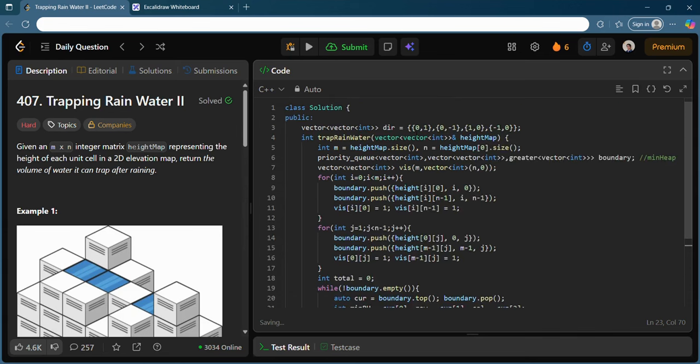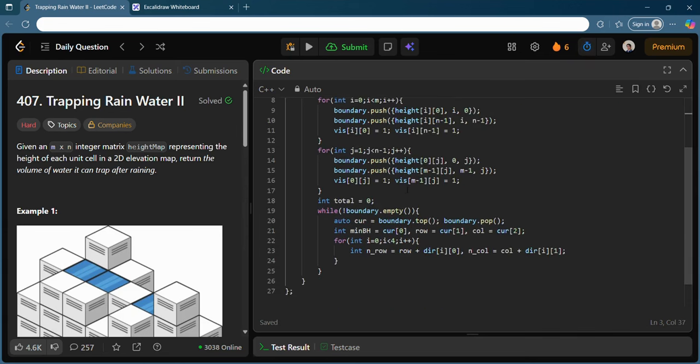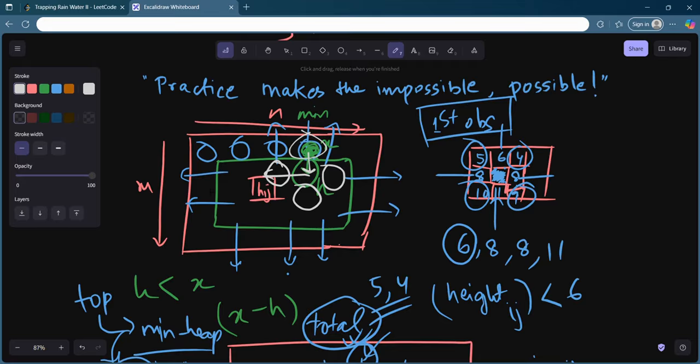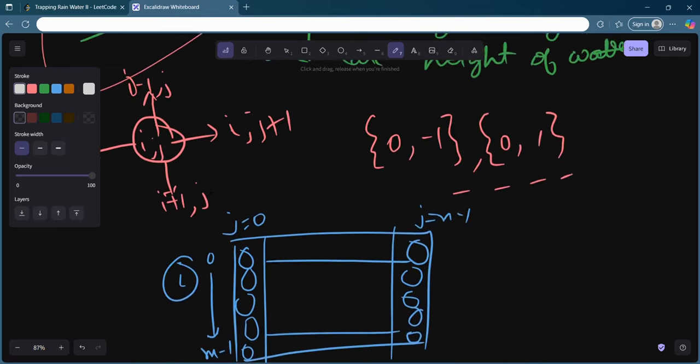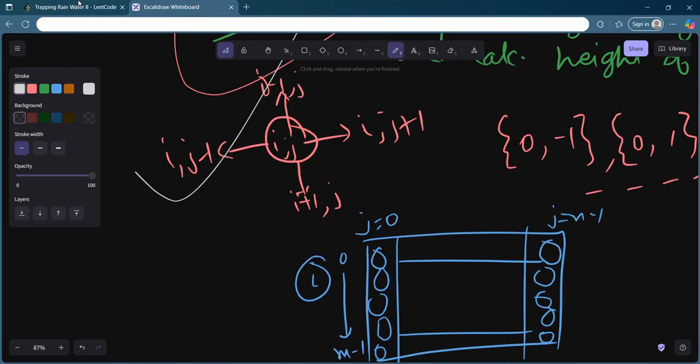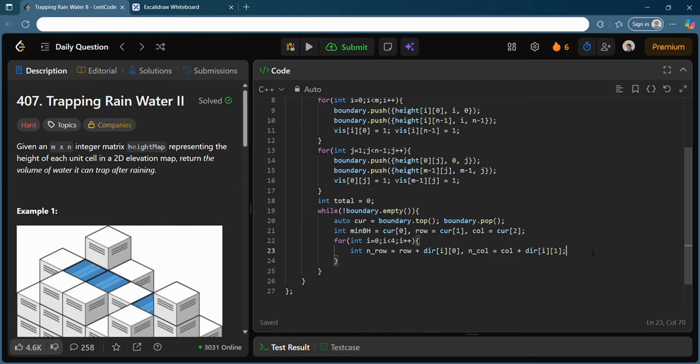I hope you understand why this direction vector works. If you do not, just pause and understand why this works, because I am trying to iterate through all 4 directions of the cell. I have already explained this. So I have my new row and new column, that is, my neighbor row and neighbor column.